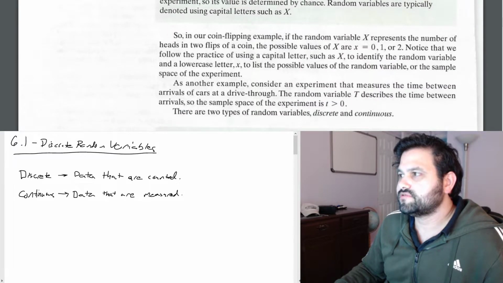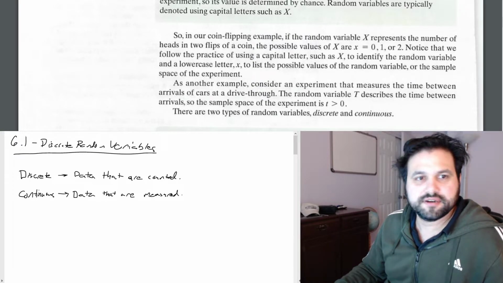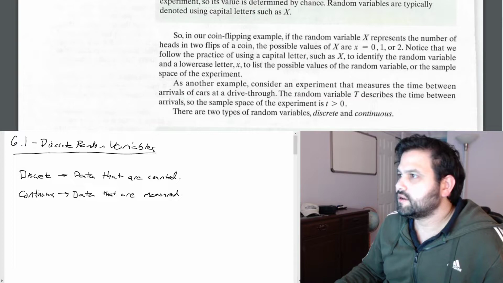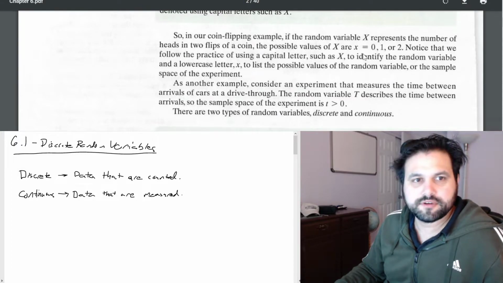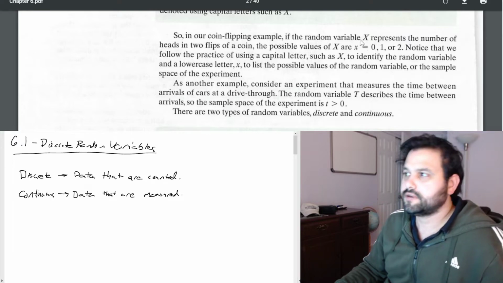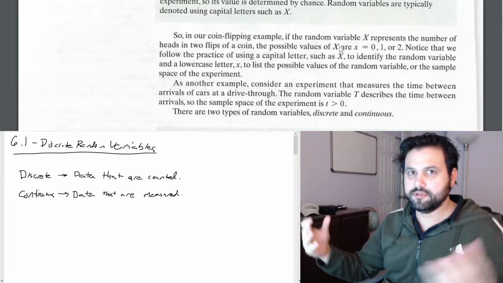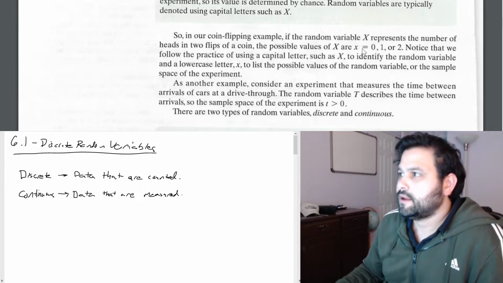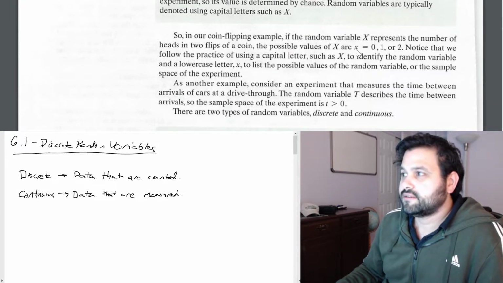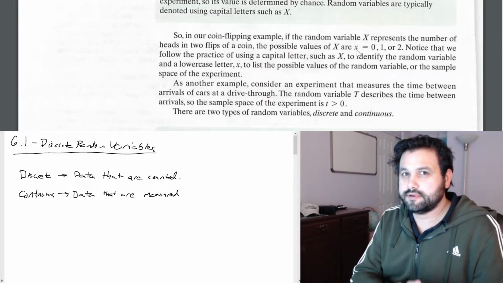The capital letter is for the overall variable, and then they use a little x like they have here. So in our coin flipping example, the little x is the individual outcomes. The capital X is the broad random variable of how many heads we are going to get, but the little x is the actual values that it could take on.